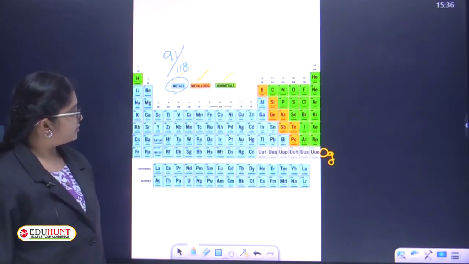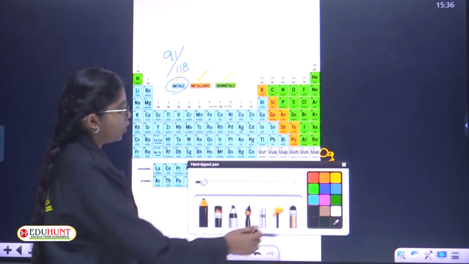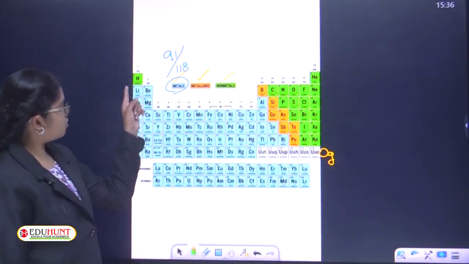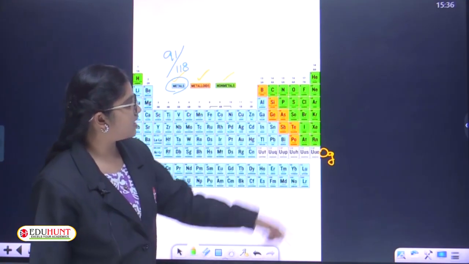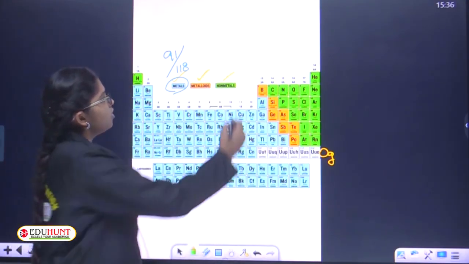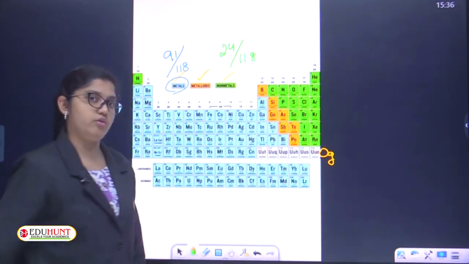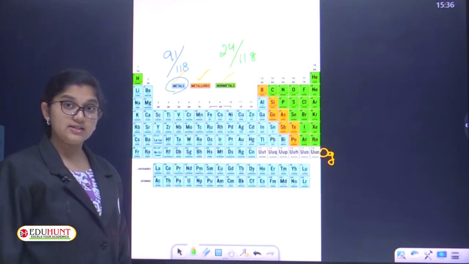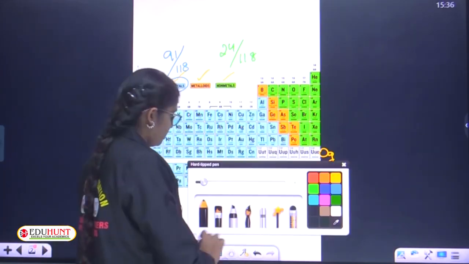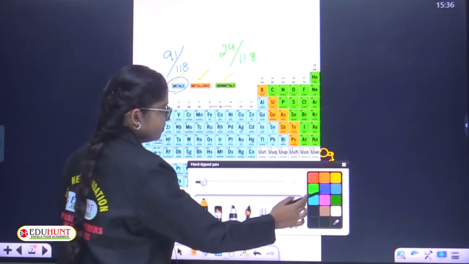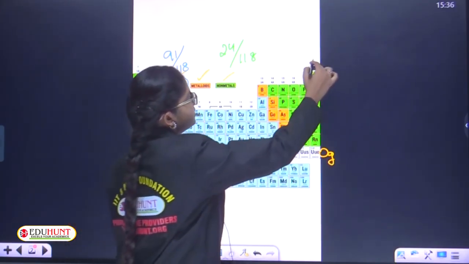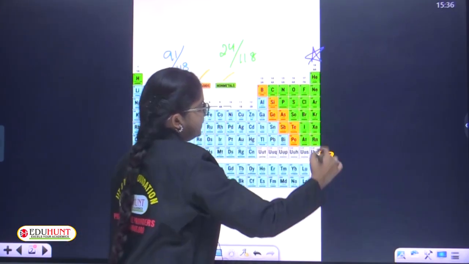Coming to non-metals, can you see them? They are green in color. Including noble gases, we can count them as approximately 24. What are noble gases? The noble gases are in the last row.